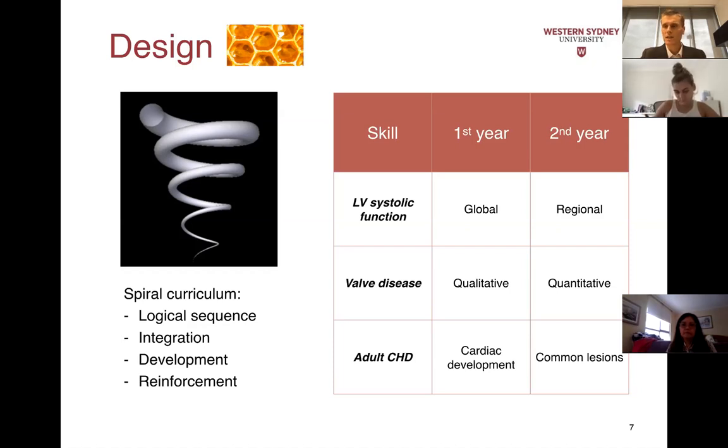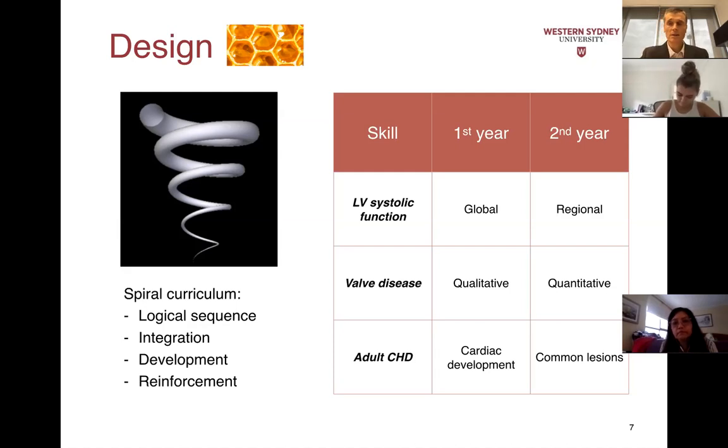With valvular disease, we'll start looking at some of the qualitative ways of estimating and categorizing valvular abnormalities before we look at quantitative things. So what we mean by qualitative things is really going on their appearance. Quantitative things are making sort of mathematical calculations.